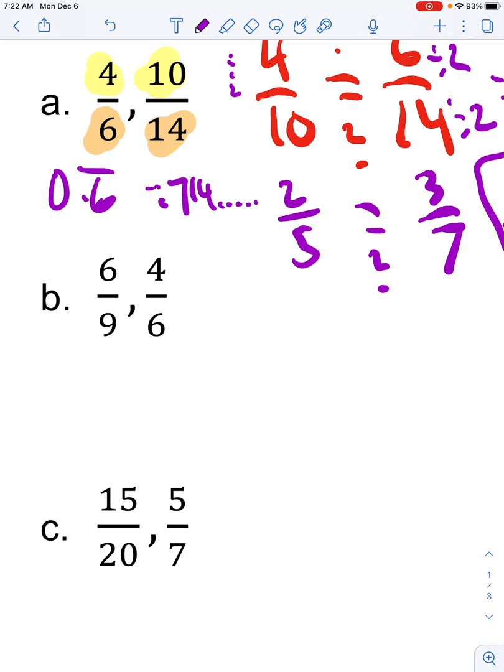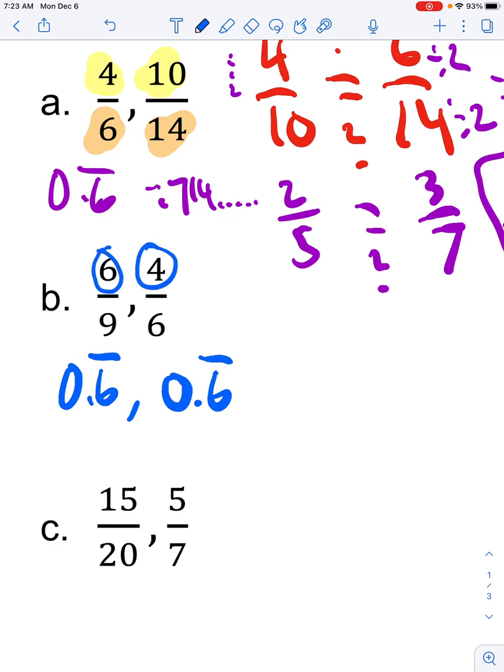All right, if I look at these two, 6/9, this is a very common one. I know that this is going to be 0.6 repeating as a decimal. And then 4/6 is actually 0.6 repeating as well.